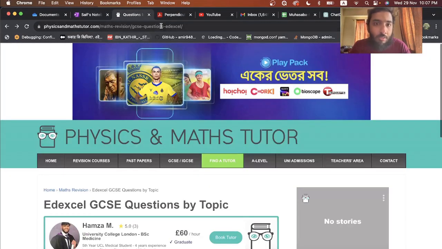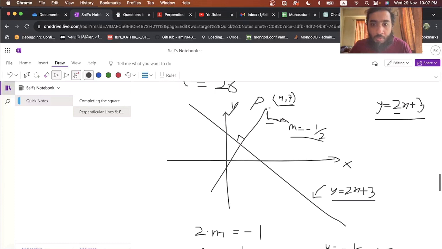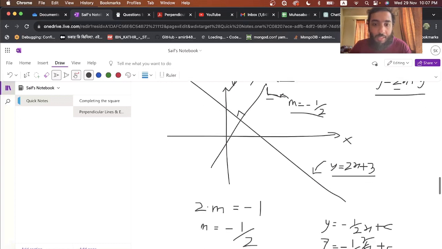So in question number 2, we are given 1 point, which is (4, 7), and a line which is perpendicular to the one we have to figure out, L. If the line is perpendicular to the one we want to figure out, then the multiplication of their slopes would be -1, right? So we use that formula which we discussed in the previous video.